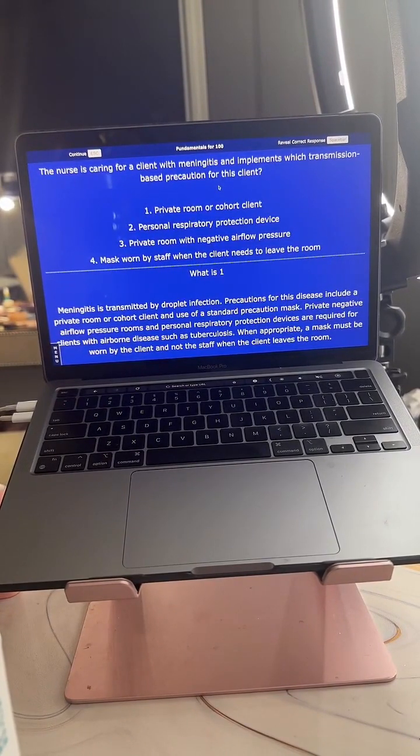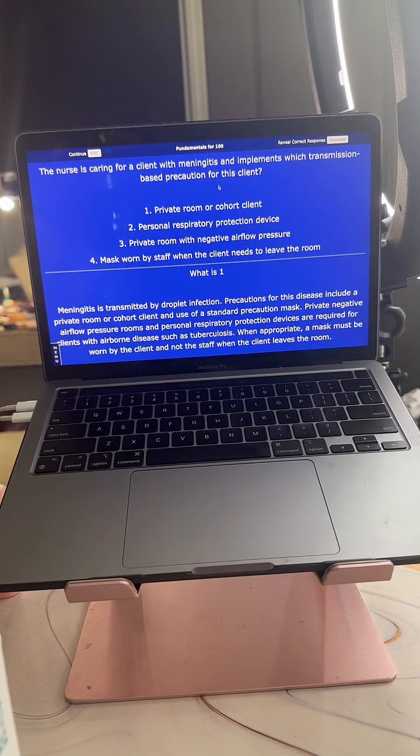Okay. And also the use of standard precaution masks is also a precaution for this disease. All right. Now, private negative airflow pressure rooms and personal respiratory protection devices are required for clients with airborne diseases, such as tuberculosis.